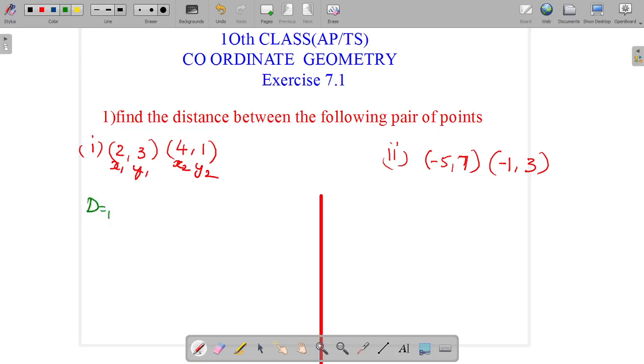The distance between 2 points formula is square root of x2 minus x1 whole square plus y2 minus y1 whole square.